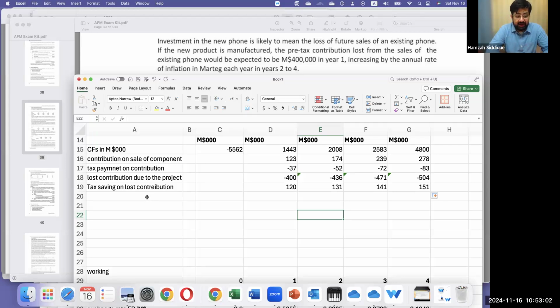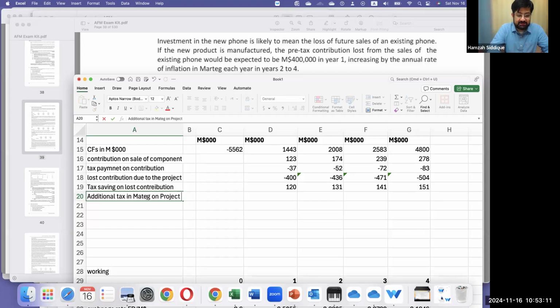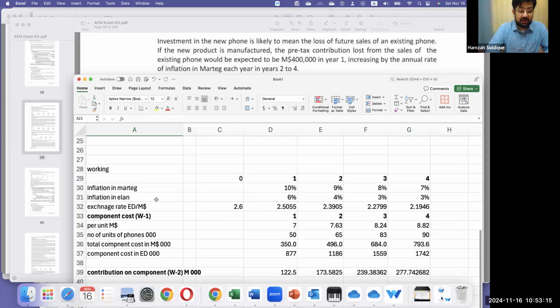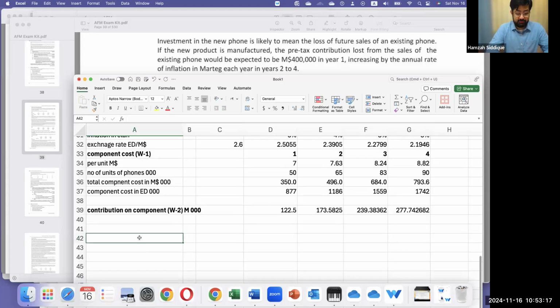Now, additional tax in Martech on project cash flows, we have to calculate. Working 3. Additional tax.